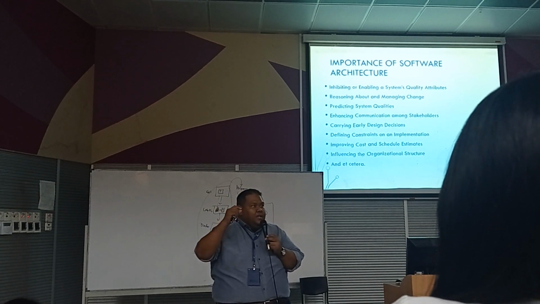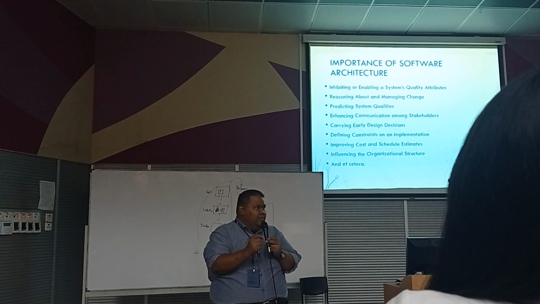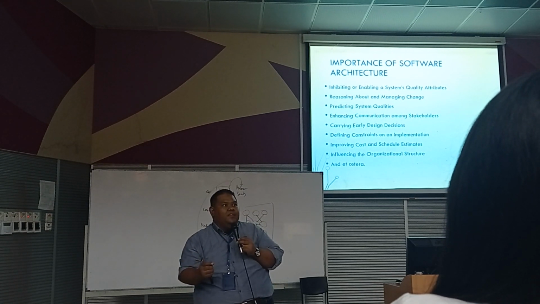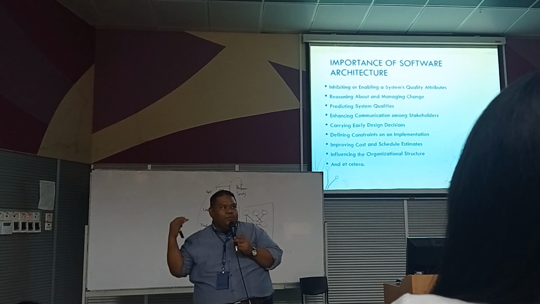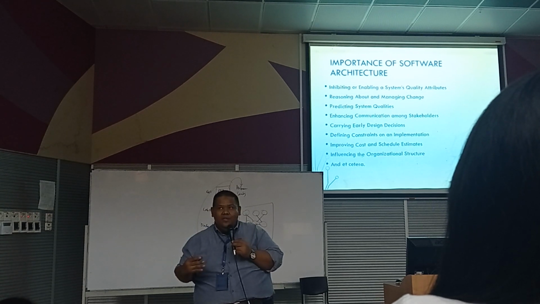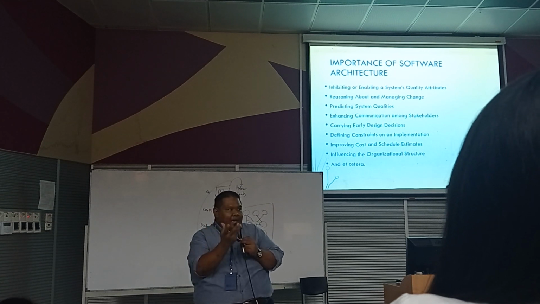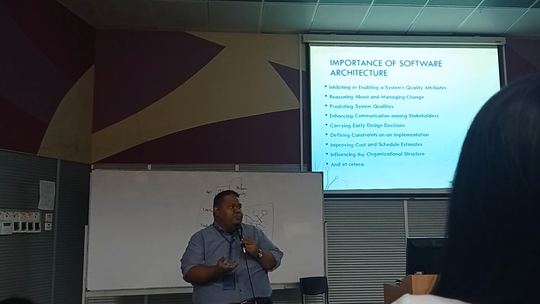When you do a software architecture, the decision will affect 4 parties: the stakeholder, the project manager, the technology, and you yourself. So the software architecture can become a medium of communication.